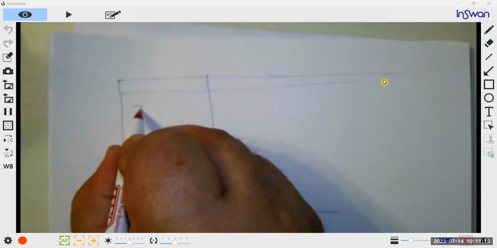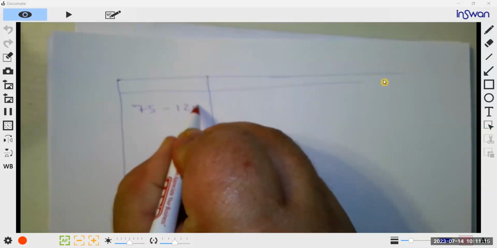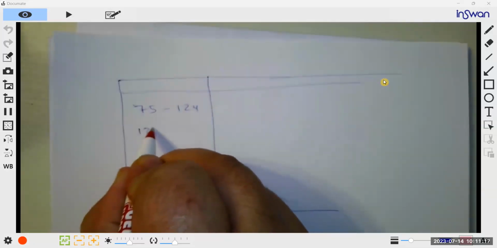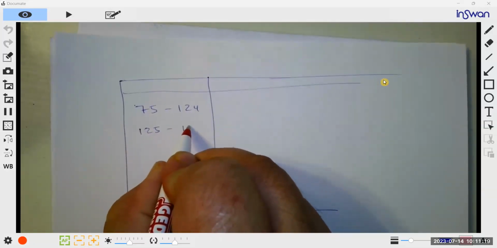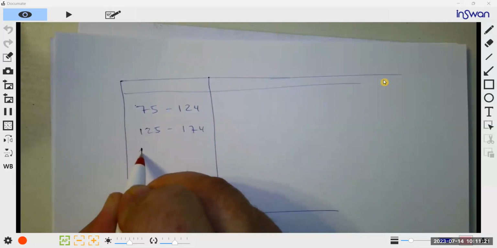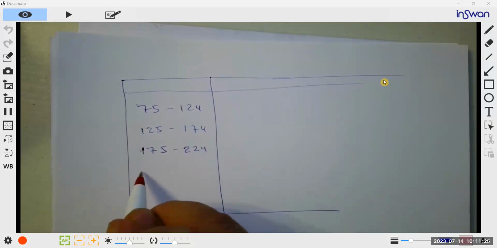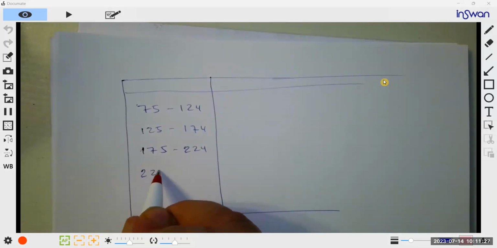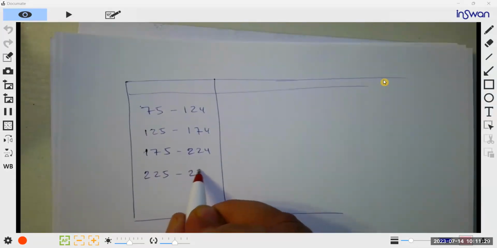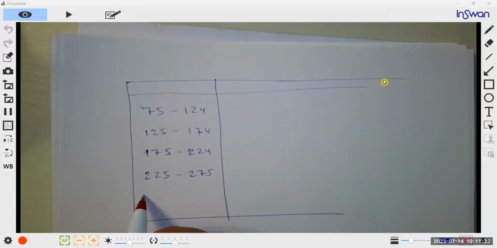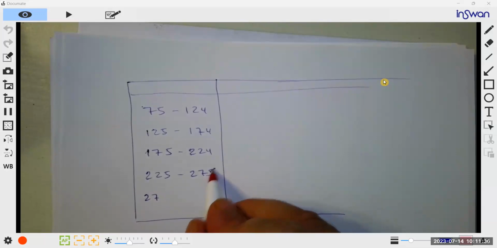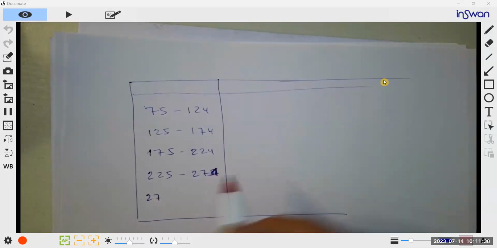It should go from 75 to 124, 125 to 174, 175 to 224, 225 to 274, 275 to 324.